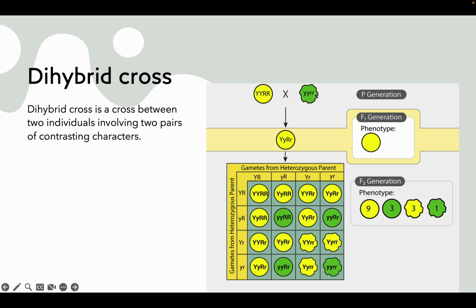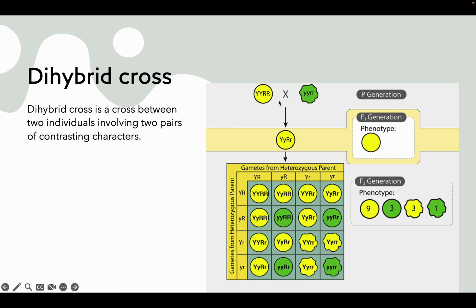In this case, the segregation of these two characters depends on both characters. Here you can see the yellow color and round shape is the dominant phenotype, while the green color and wrinkled shape is the recessive phenotype.